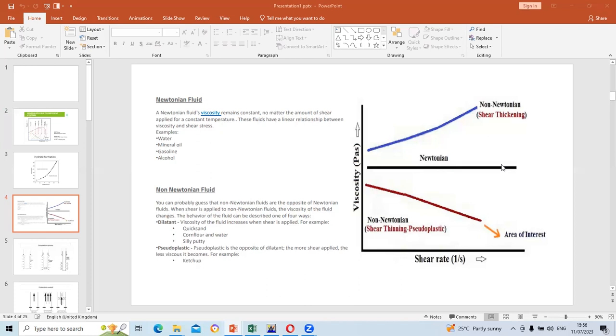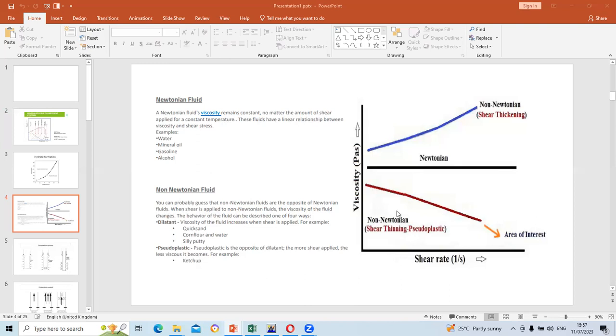Remember, we are not talking about temperature here, because when you apply temperature on any fluid, the viscosity will definitely change. So we are talking about applying shear stress at constant temperature. For Newtonian fluid, the viscosity remains constant no matter the amount of stress you apply on it.